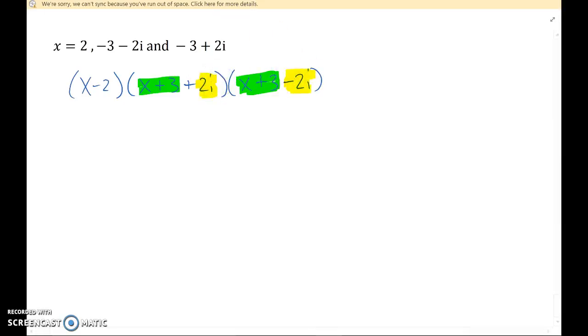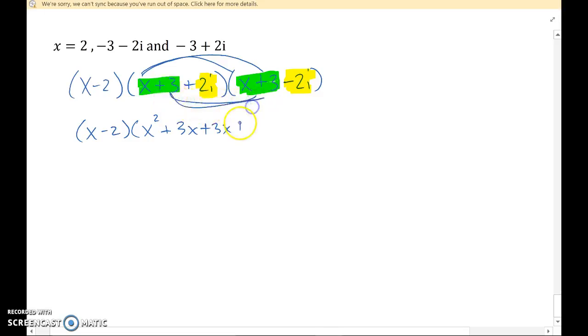And so we're just going to drop this x minus 2 down for the next step. And then we're going to get x squared plus 3x plus 3x plus 9, and then 2i times negative 2i is a negative 4i squared.